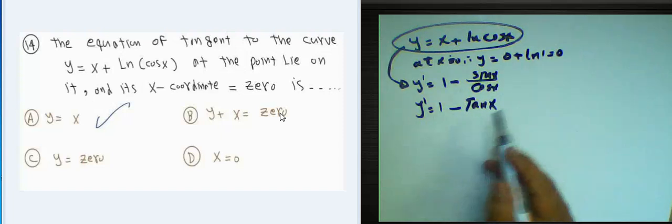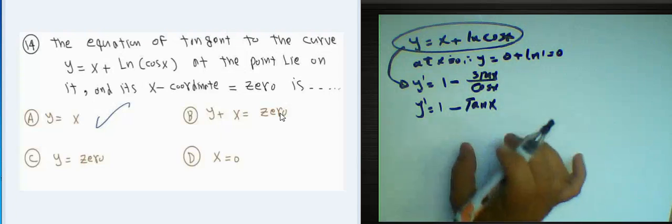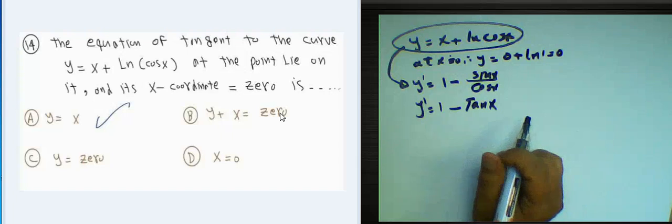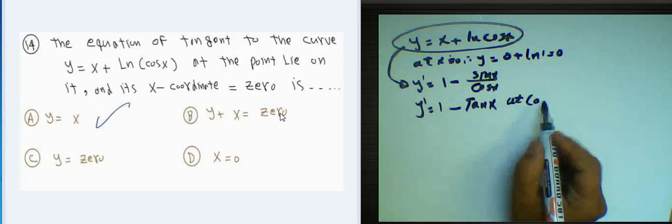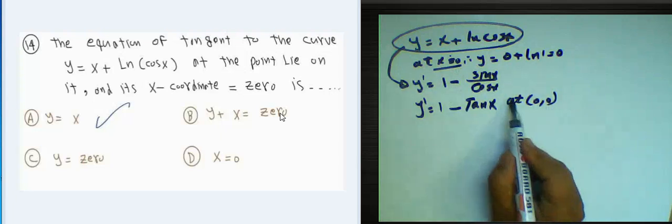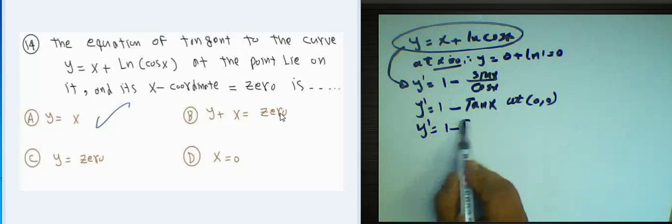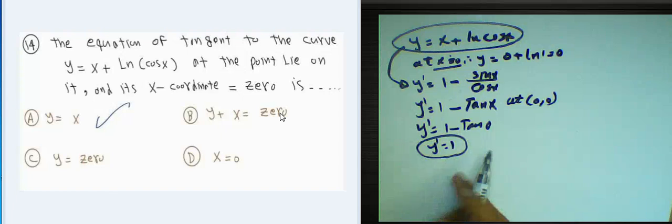The slope of this function: we find the derivative at the point given, with x coordinate 0 and y 0. When x equals 0, then y equals 0, so the point is (0, 0). We find the derivative, put x equals 0, 1 subtract tan 0, then y dash will equal 1. We get the slope equal to 1.